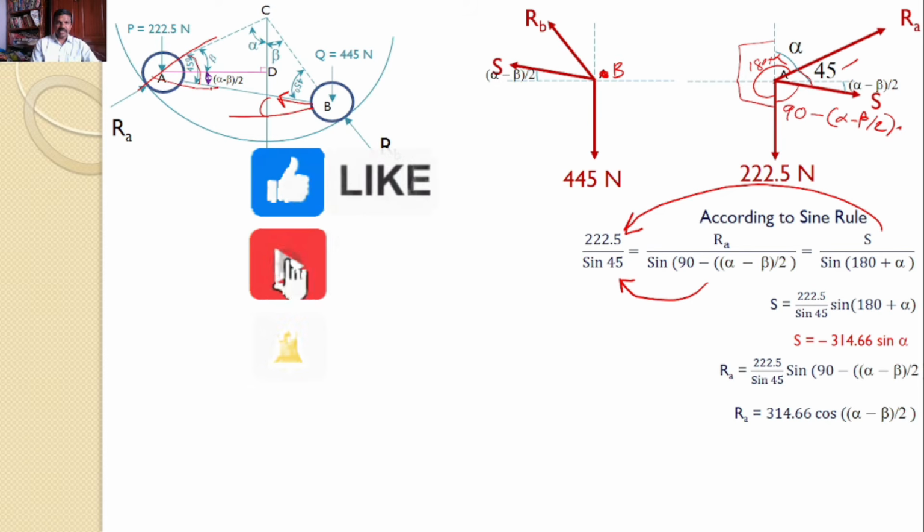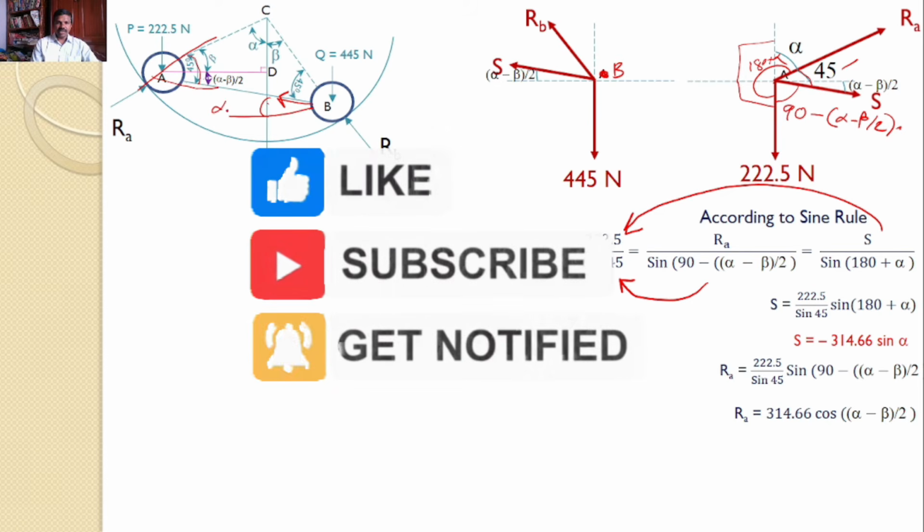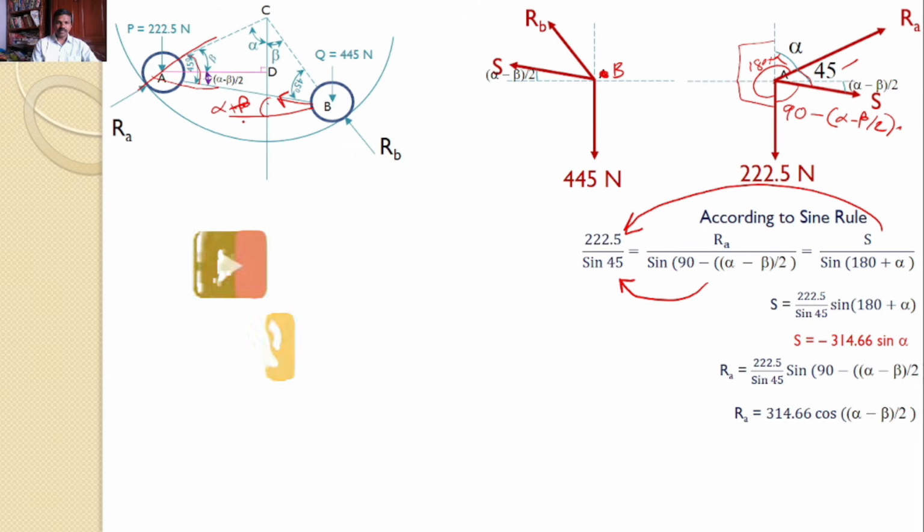So this angle is alpha minus beta by 2 and this angle is beta. RB makes an angle beta with the vertical, and S makes an angle alpha minus beta by 2.